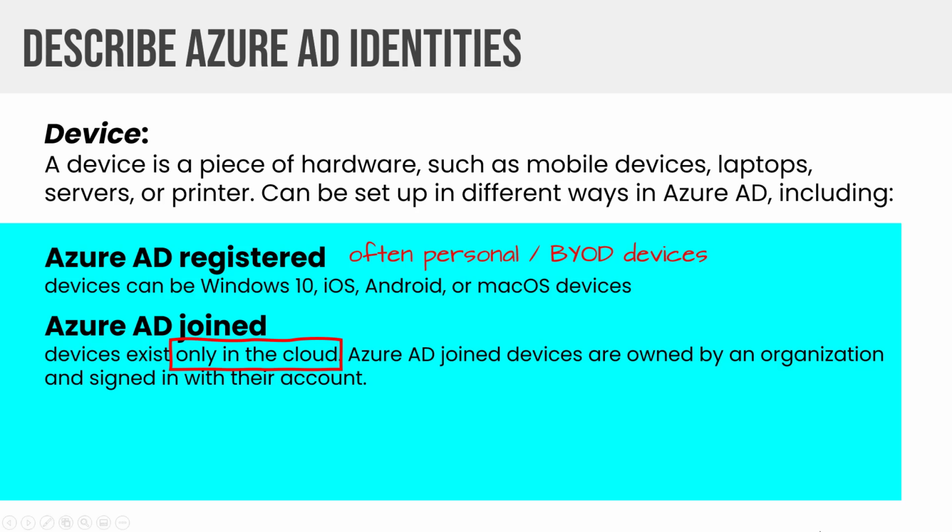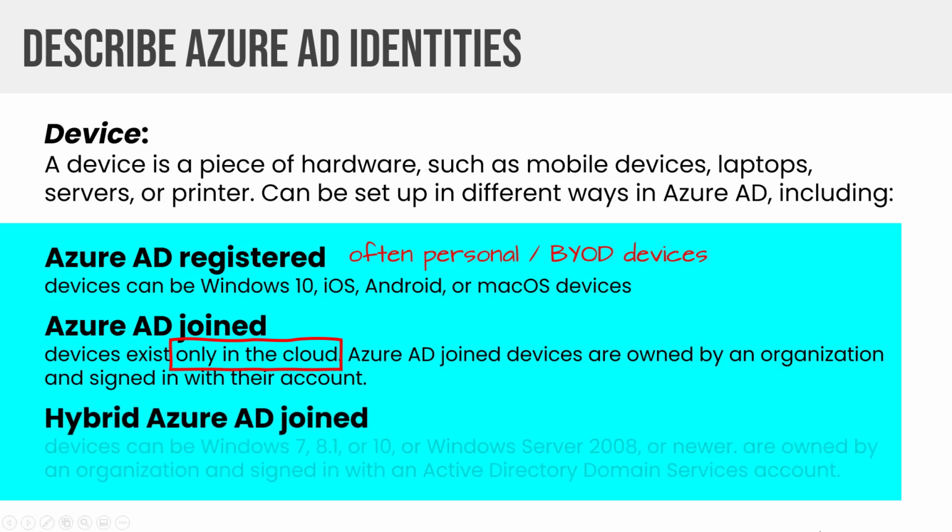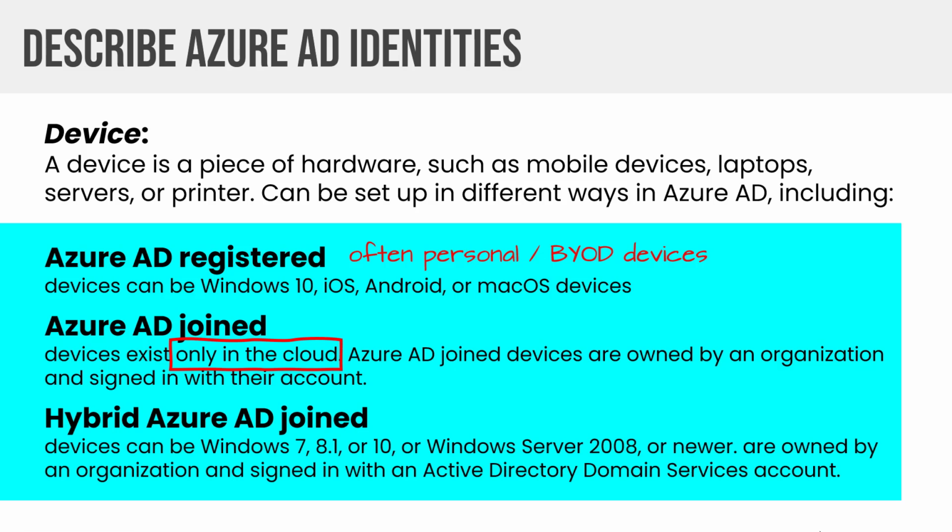And then we have the third option, which is hybrid Azure AD join. So in this case, devices can be Windows 7, 8.1, or 10, or Windows Server 2008 or newer. They're owned by an organization and signed in with an Active Directory domain services account. So Active Directory Domain Services, remember, is your on-premises directory services.